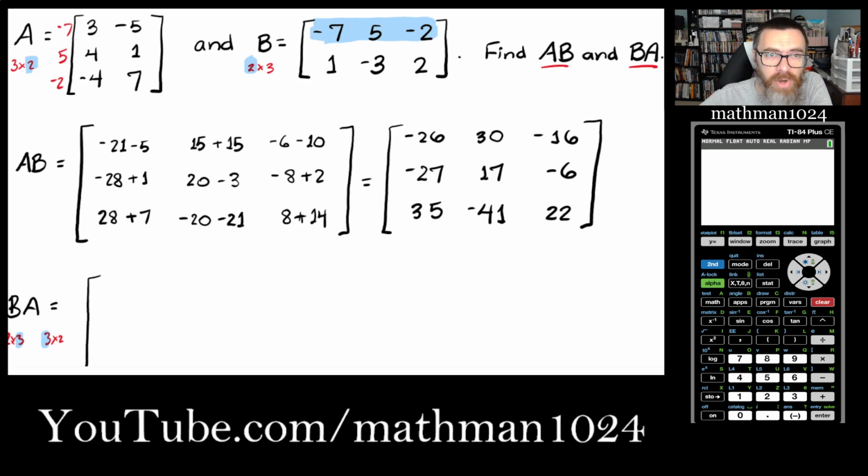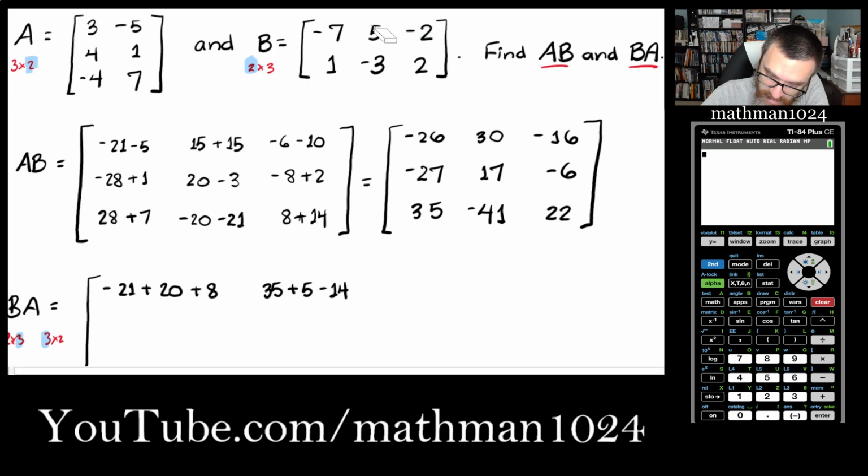So when I do that product, it's going to start off as being a negative 21, plus 20, and then plus 8. And then we take that same column and we scoot it over to the next column, and we do negative 7 times negative 5. So that's 35 plus 5 minus 14. So we only have 2 pieces there.